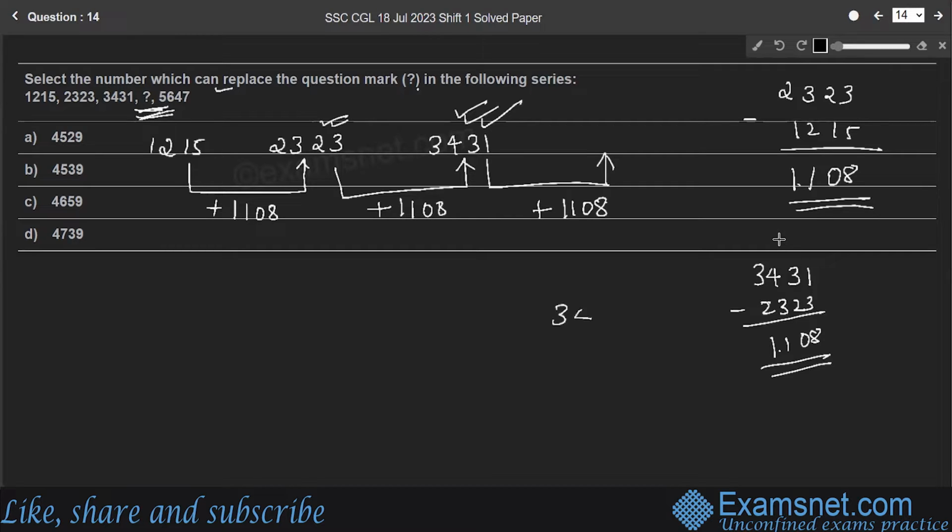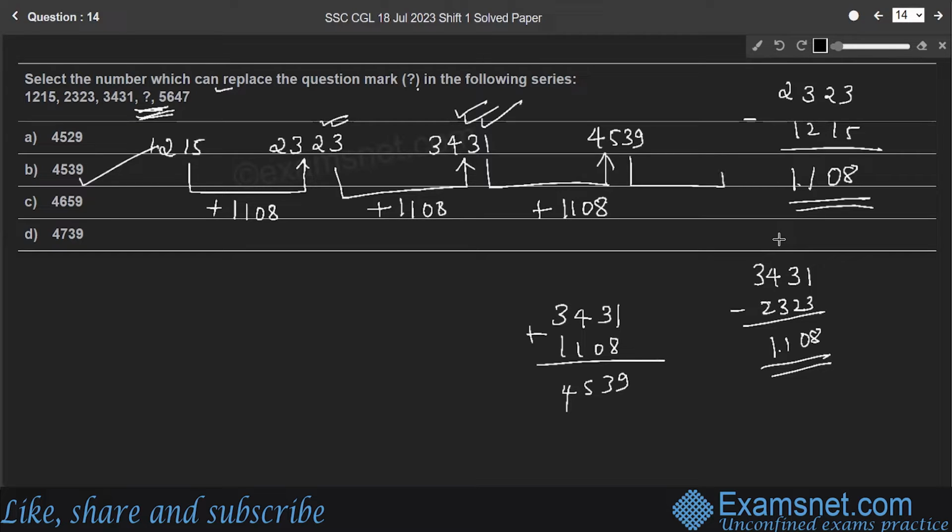So add 1108 to 3431. You will get 4539. Therefore, the fourth number is 4539. Option B is the right answer.